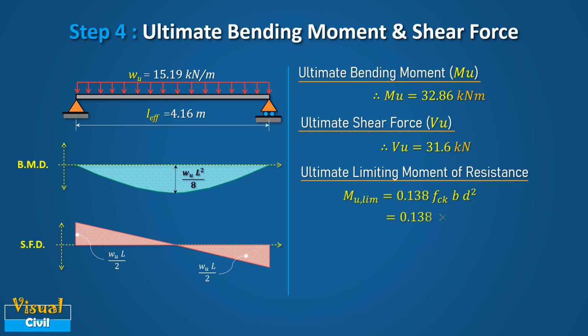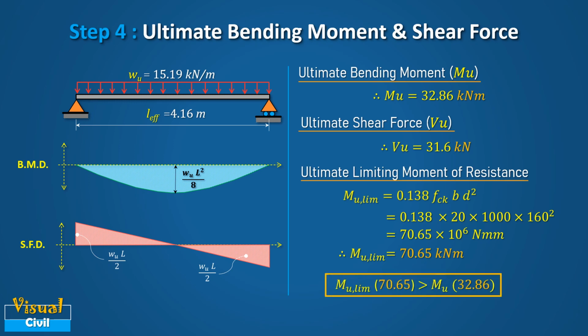By putting all the values, we get the moment of resistance equal to 70.65 kN meter, which is more than the acting bending moment of 32.86 kN meter. Hence, the initially assumed thickness of the slab is adequate and safe, and the section is under reinforced.